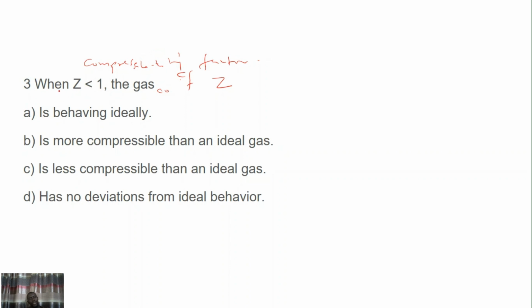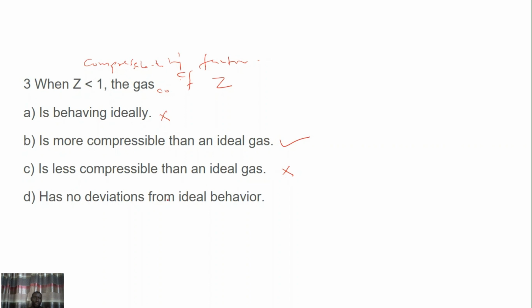Okay, now the question is, when Z is less than 1, the gas is behaving ideally. That is not true, because an ideal gas doesn't usually have force of attraction between the molecules. So this is not correct. It's more compressible than an ideal gas, which is true, because at that point, force of attraction between molecules predominates. It's less compressible than an ideal gas. This is false.